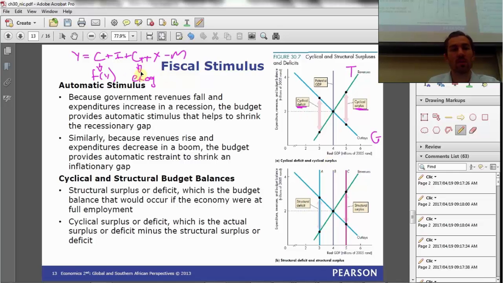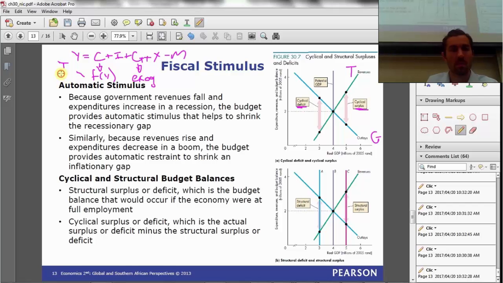Taxes, we usually assume, if we've got lump sum taxes, depending on our consumption function, then those lump sum taxes are exogenous. If we have a tax rate, then the tax rate is obviously endogenous. So the revenues here would correspond to a tax rate, and the outlays here, which is downward sloping, would correspond to not an exogenous government spending, but an endogenous government spending function.